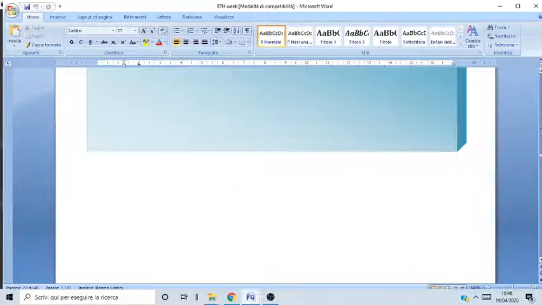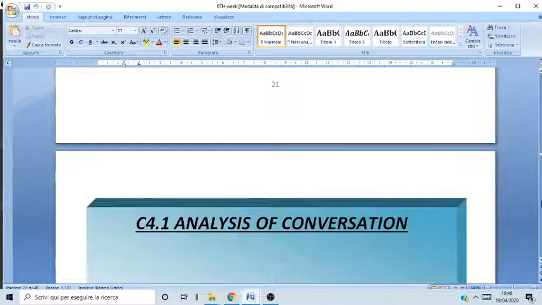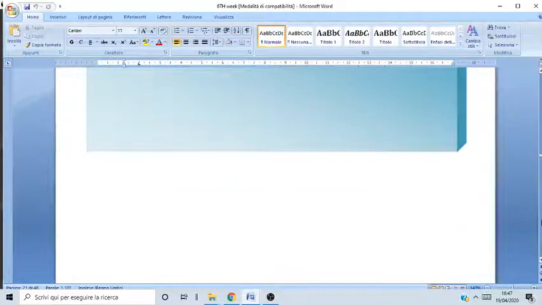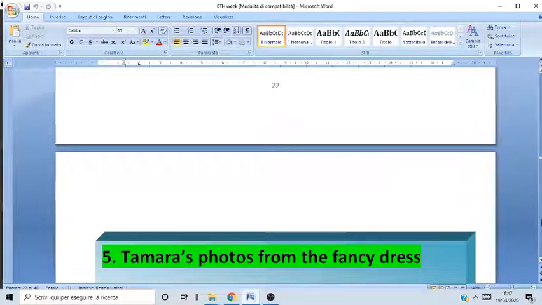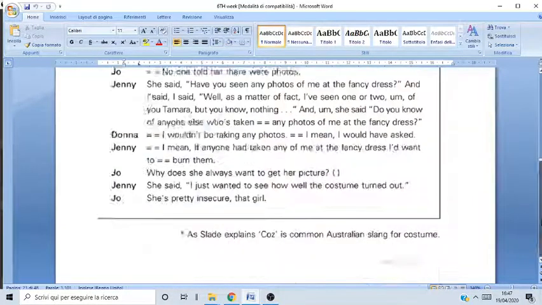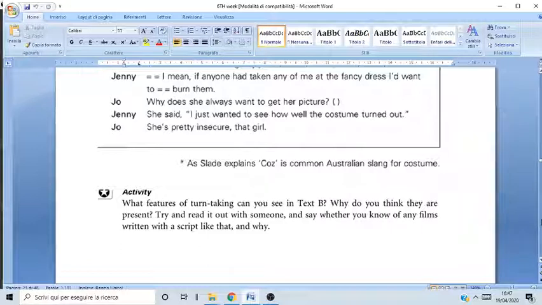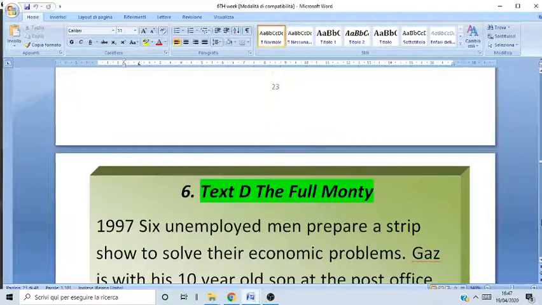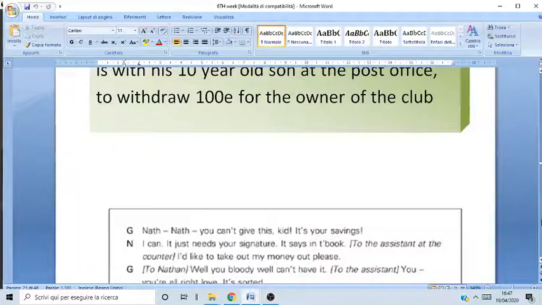And with section C.4, several texts were to be analyzed from a conversation perspective. You're going to do this one, Tamara's photos from the fancy dress. That is contextualized, it occurs during a tea party. And then you're also going to do The Full Monty together.